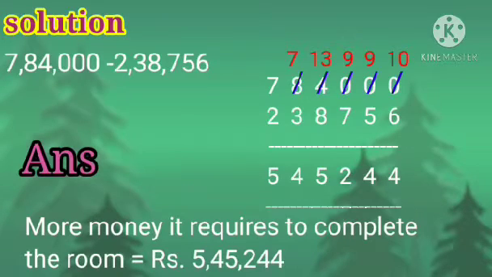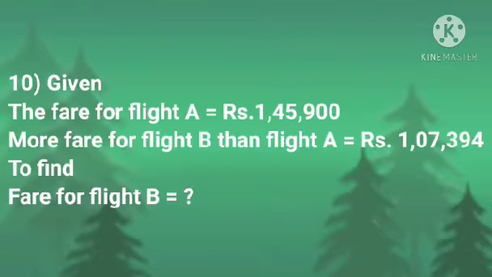Solution: 7,84,000 minus 2,38,756. Answer: more money it requires to complete the room equal to 5,45,244.